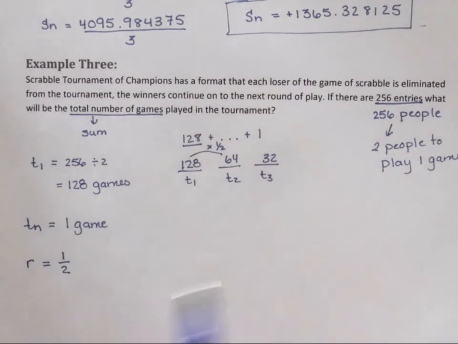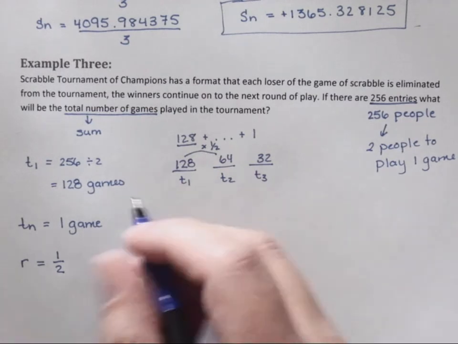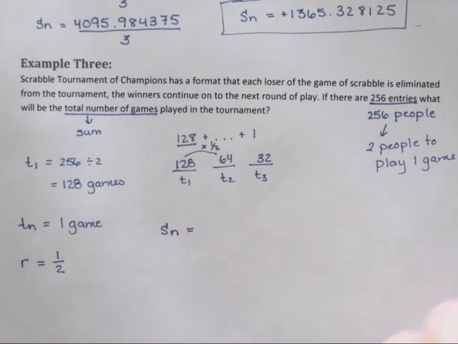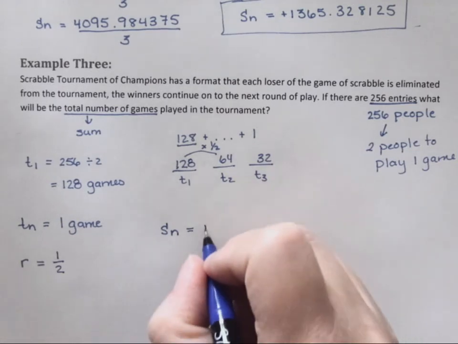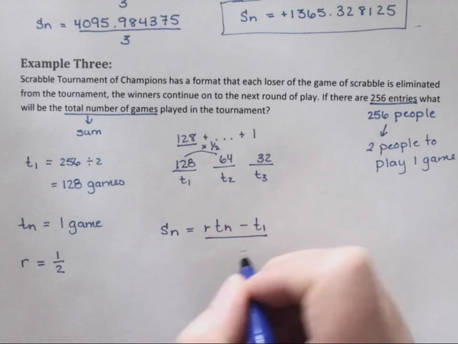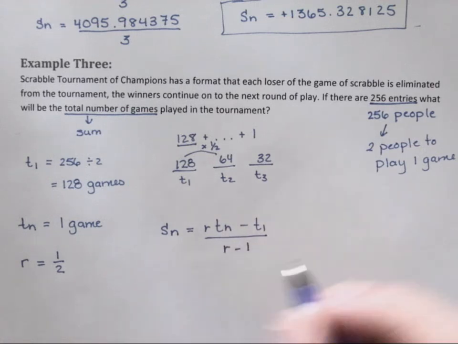I don't need to know how many games are played or how many terms there are, how many rounds of the tournament. I don't care. Okay, so let's fill that in. So Sn, because again, I don't know how many we're playing, equals R times Tn minus T1 over R minus 1.